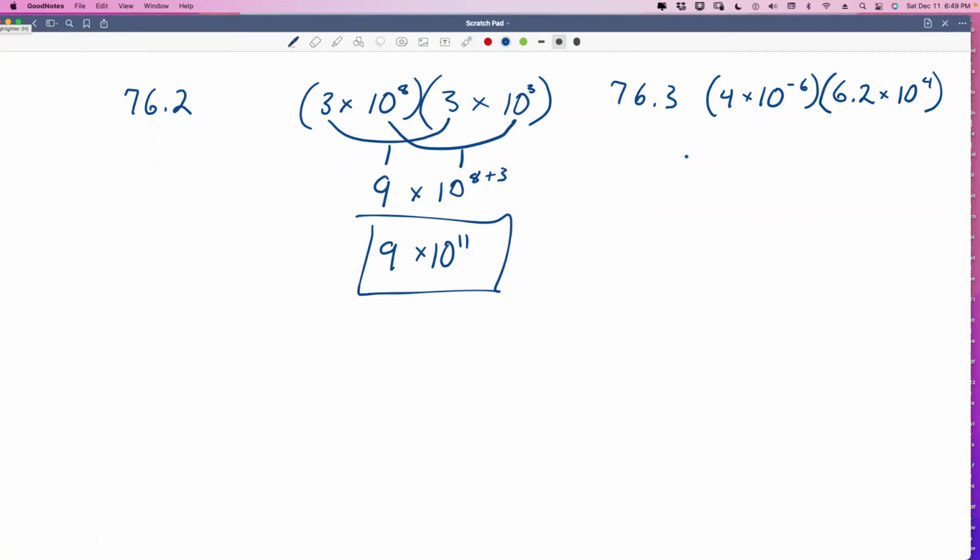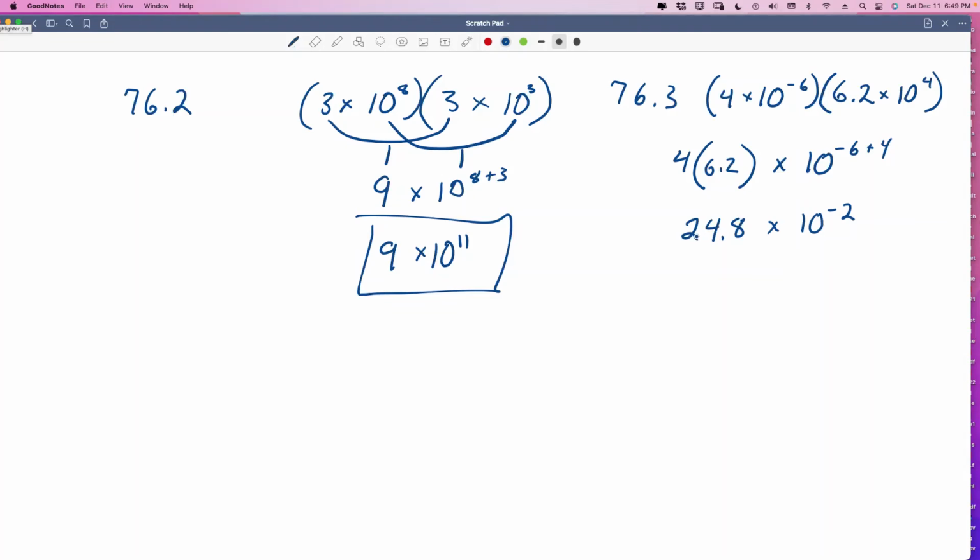So we would say 4 times 6.2 times 10 to the negative 6 plus 4. So first we have to figure out what this is going to be, and that's going to be 24.8. So 24.8 times 10 to the negative 2, because negative 6 and positive 4 is negative 2.